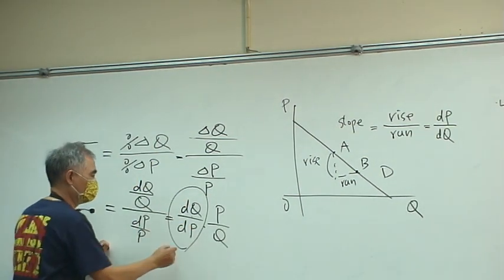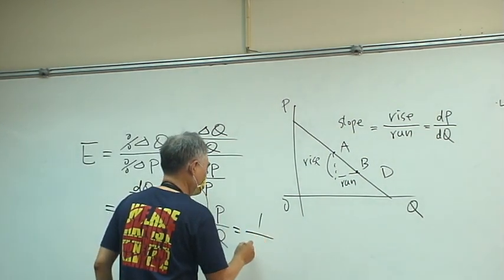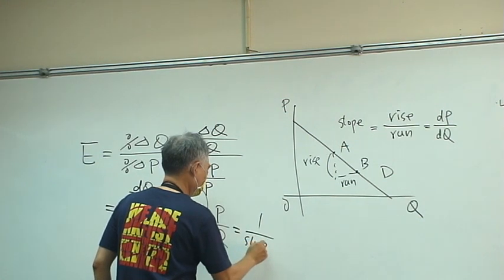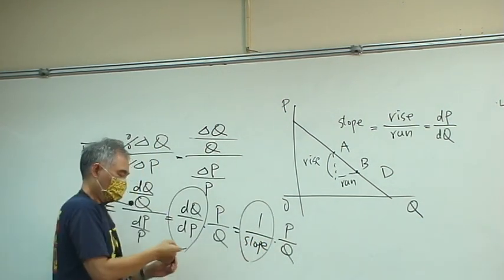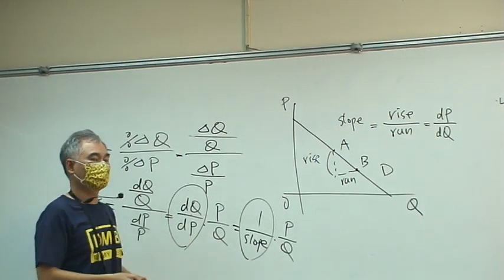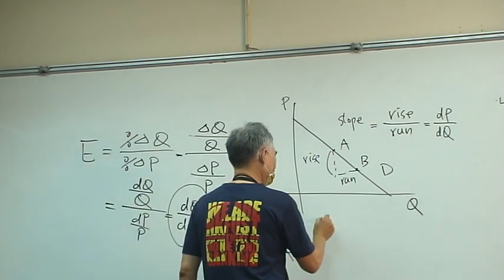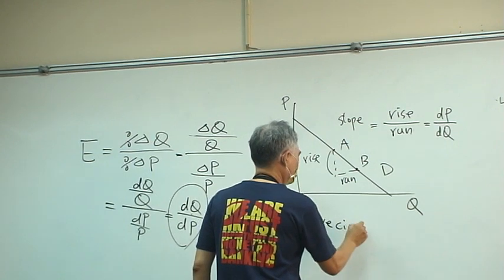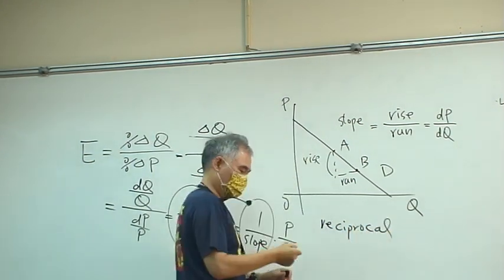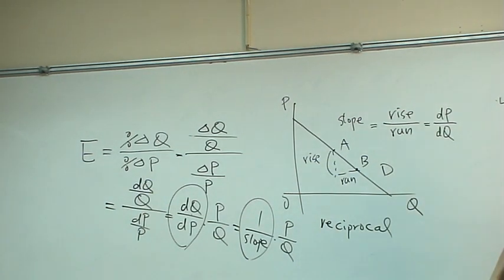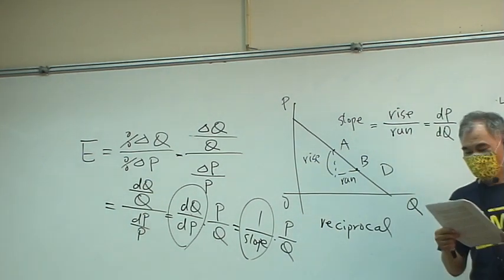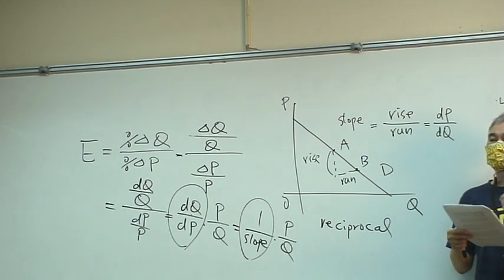This is equal to 1 over slope, and then p over q. So 1 over slope is called the reciprocal. Can anyone tell me what a reciprocal is? Reciprocal.